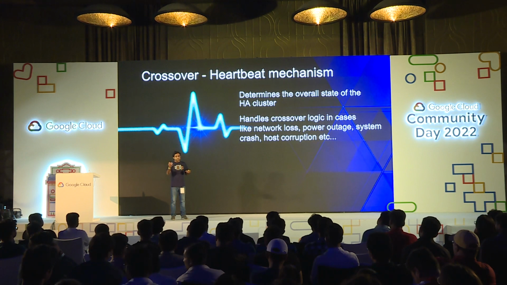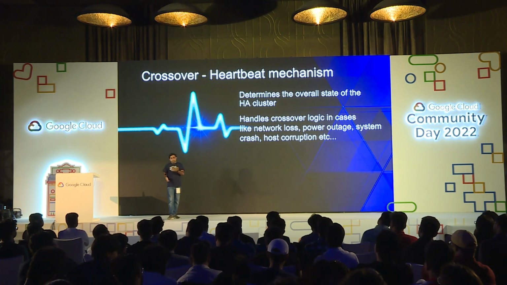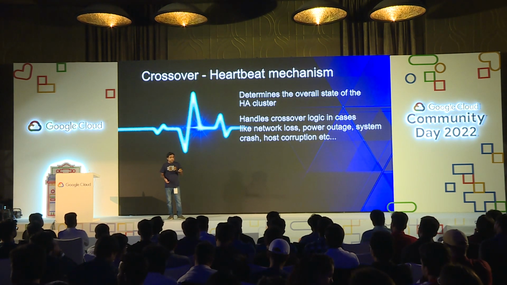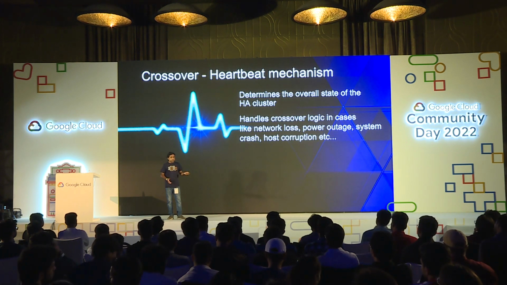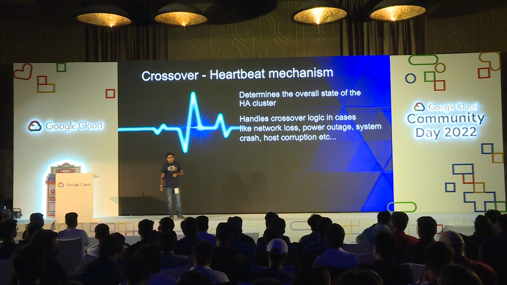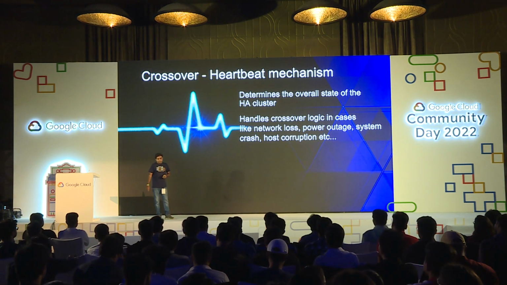That is where the second node becomes the active node, and that is where the HA comes into play. So the heartbeat mechanism can be monitoring a network loss. It can be monitoring a power outage. For example, power goes for node 1, so it has to fail over, and node 2 becomes the active node. System crash, host corruptions, right? These are all scenarios that you could handle.